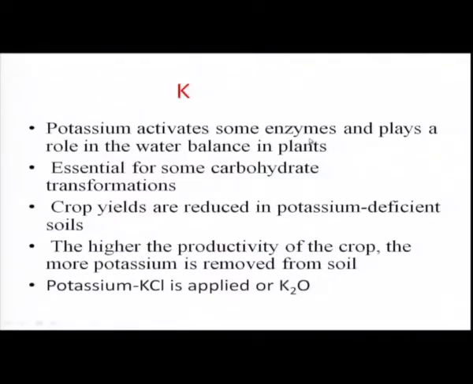So, this is a dual role. It activates enzymes of the plant, as well as water balance in plant materials, which is also balanced with the help of nitrogen. It is also essential for some carbohydrate transformation.